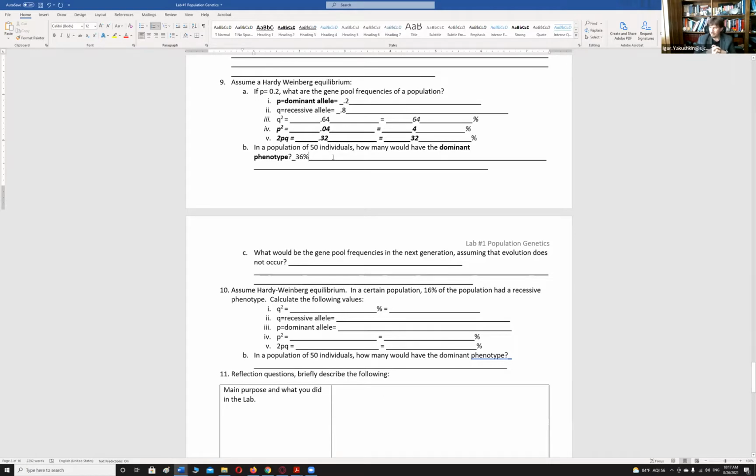Why are you dividing by 2? No, it is not the answer. No, 20 is not the answer. No, 36 is. Because whenever you have a heterozygous individual, remember the furry bunny with a capital F and lowercase f.